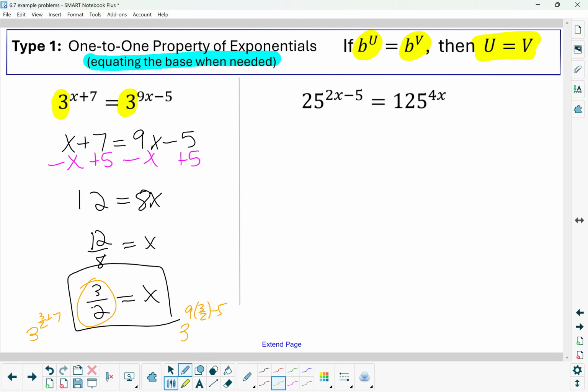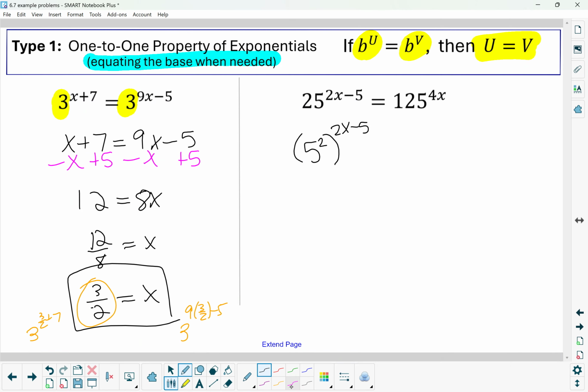Those two bases, 25 and 125, you probably recognize as both being powers of 5. So instead of writing 25, we're going to think of it as 5 squared. I didn't change that left side of the equation at all. I just wrote the 25 in an equivalent form, which is 5 squared.